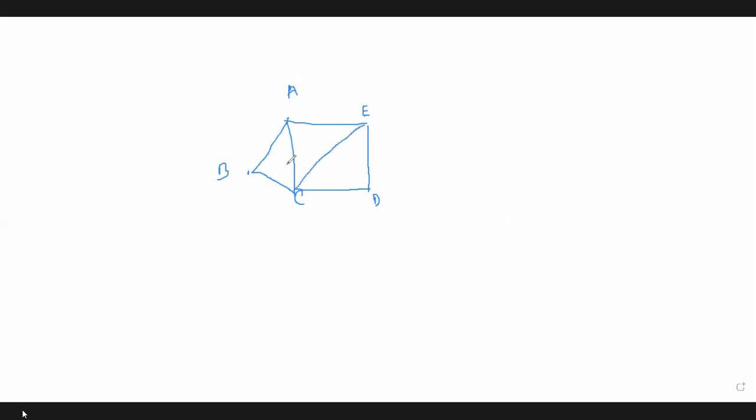So how many vertices are here? 5 vertices, A, B, C, D, and E, right?